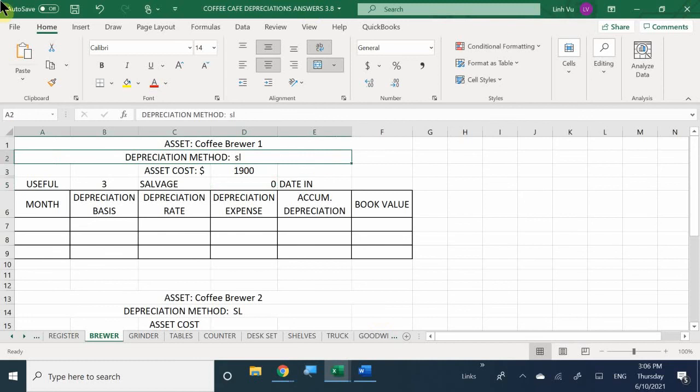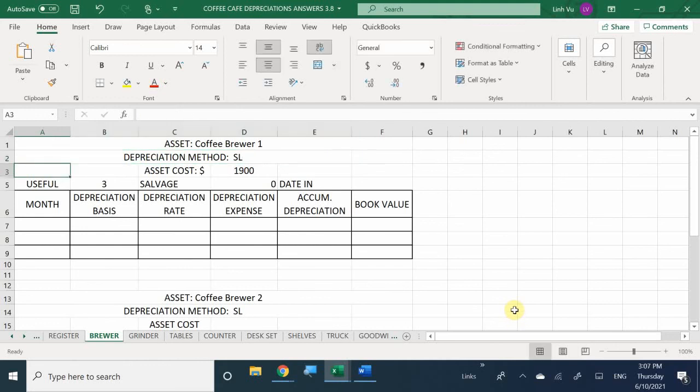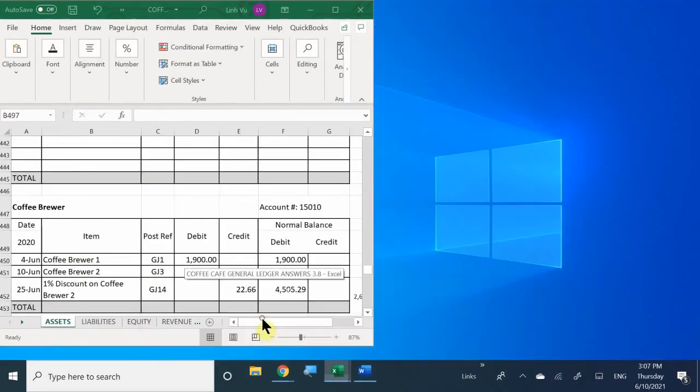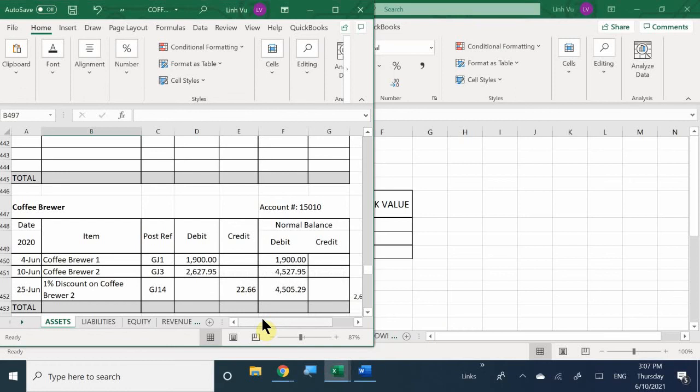Yes, but technically you also want to make sure that when you purchased it, you tested that it works. Oh, the day you got it then? Yes, right. You want to make sure it works. So what day did I actually purchase my first coffee brewer? June 4th.